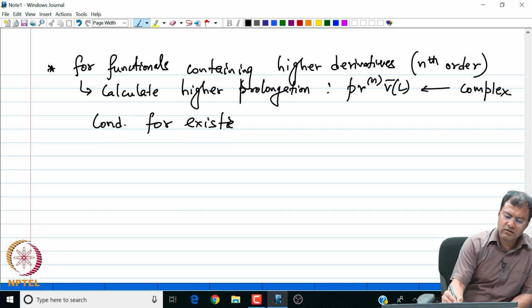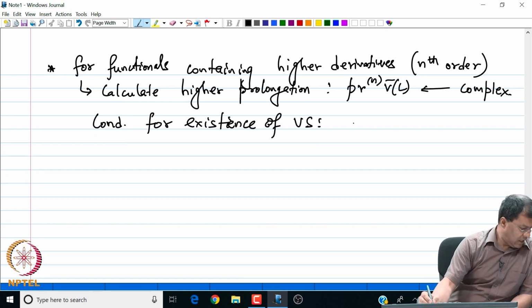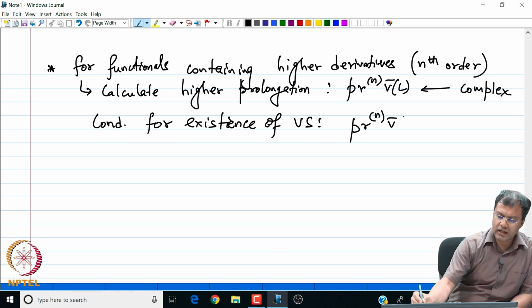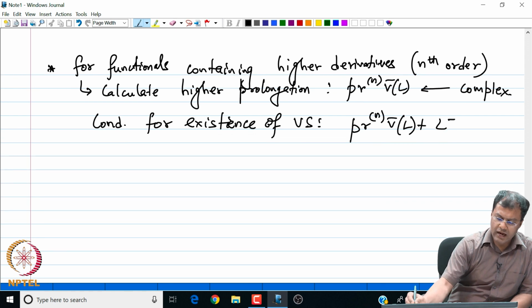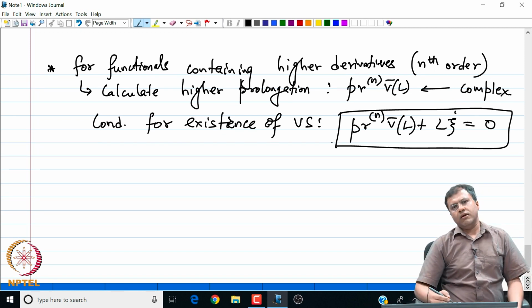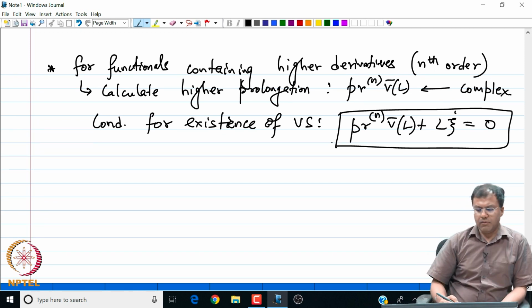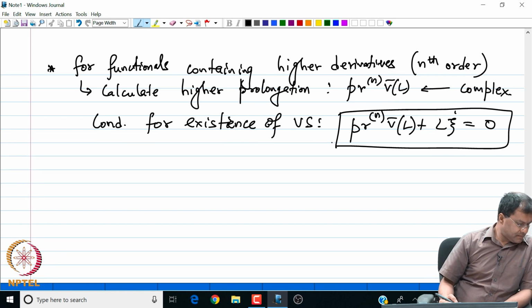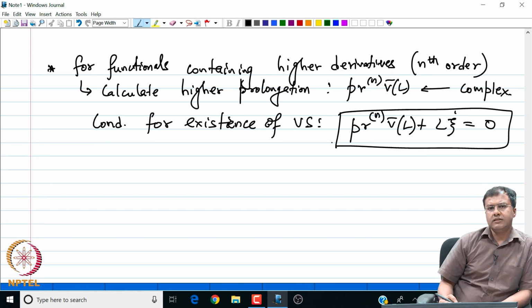In this case, the existence of variational symmetry is this particular differential equation that needs to be satisfied: the nth order prolongation plus L times xi dot is equal to 0. That is along similar lines as for functions of one dependent variable, or functions with just first order derivatives.